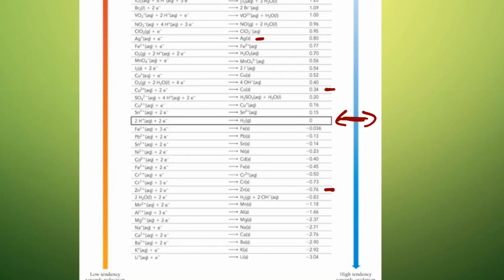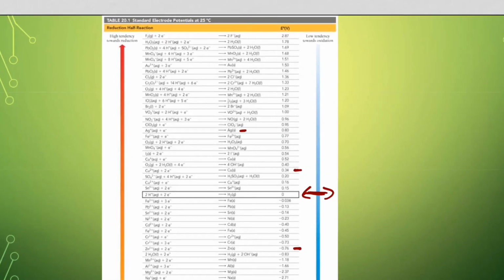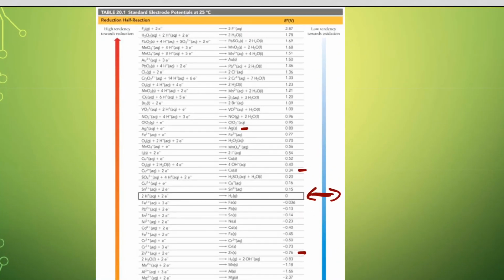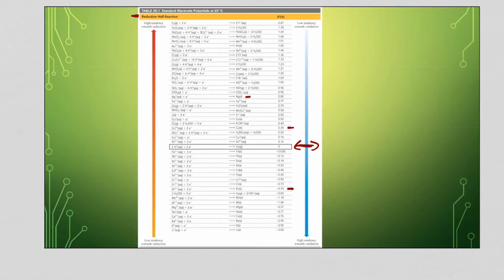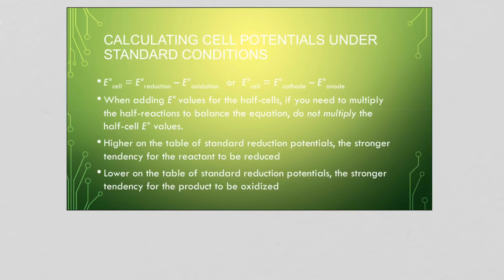So this is where we're going to get our numbers, what we've referred to as our standard electrode potentials. And again, these are always reduction potentials in our table. So how do we calculate these? There are two basic ways we think about calculating these.